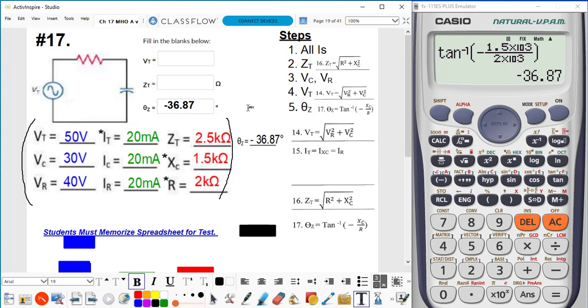And as we've always done with resistance, you don't have to type in the ohm symbol, you just have to type in the numerical value of 2.5 and your metric prefix of K. And for my total voltage, we're going to put our numerical value of 50 volts. Now if there was a metric prefix involved here, yes, you would have to put it.